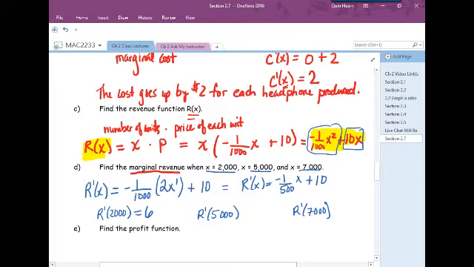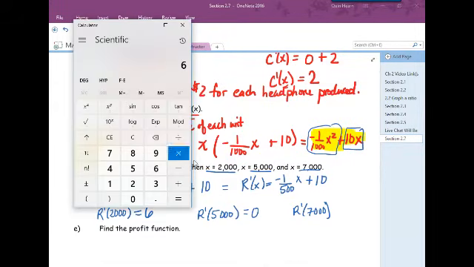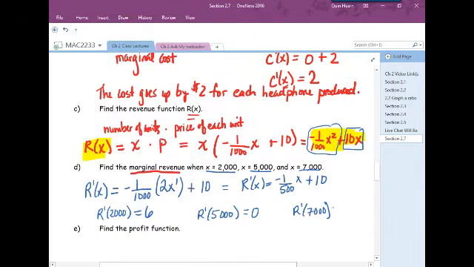Let's see, 5,000 divided by 500 is going to be 10, so negative 10 plus 10 is going to be 0. And then 7,000 divided by 500 negative is negative 14, plus 10 is going to be negative 4.